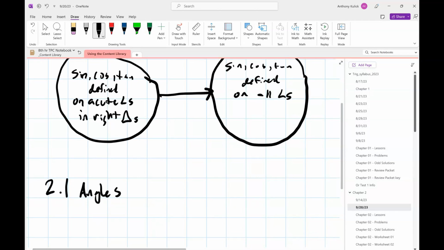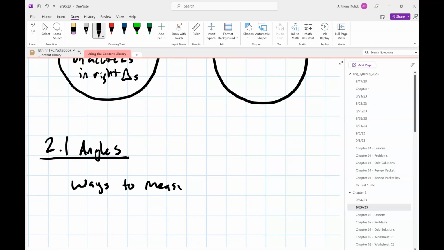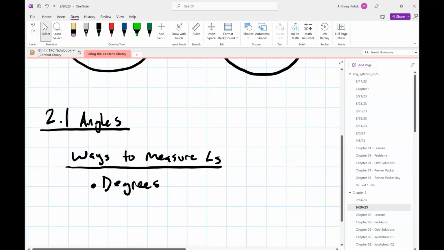So, in section 2.1, we're going to be talking about angles. When we talk about the different ways to measure angles, we have good old reliable degrees, the measurement that we've used to measure our angles really since we got introduced to the concept of an angle, right?